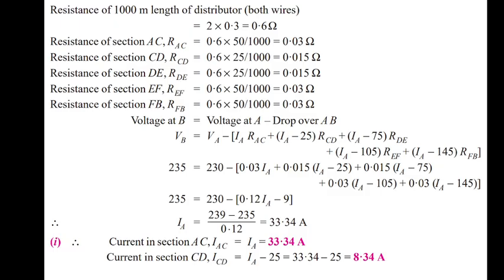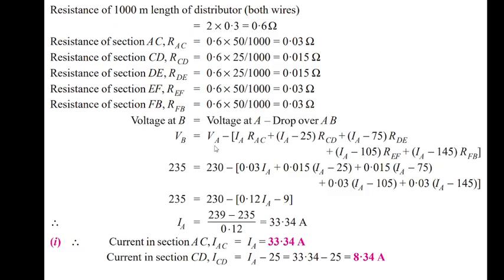Next, the voltage equation between points A and B can be established by considering the total voltage drop along the distributor. The voltage at B is expressed in terms of the voltage at A minus the sum of voltage drops across each section, where each drop is the product of current and resistance.